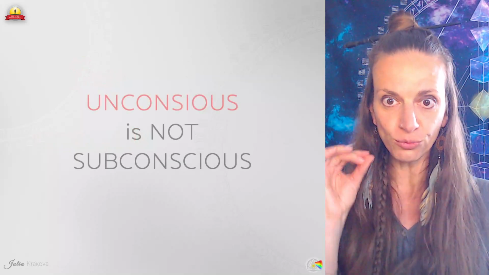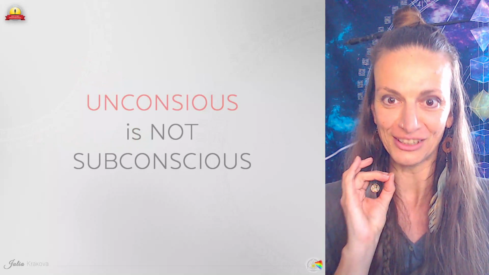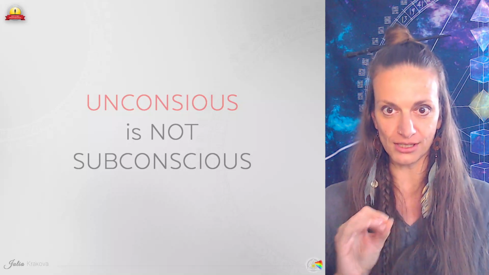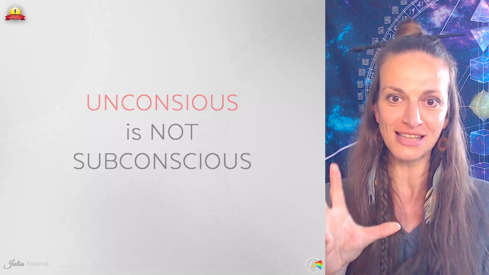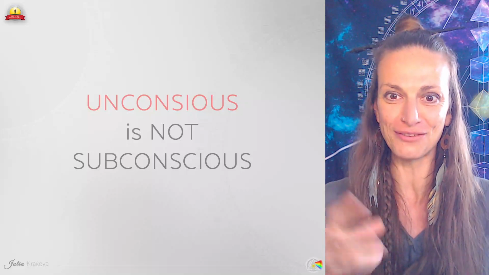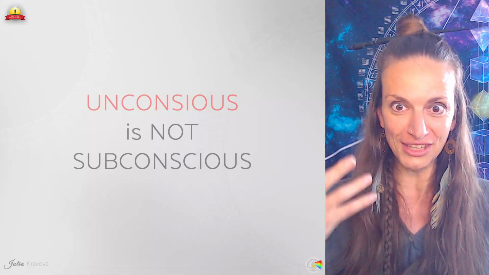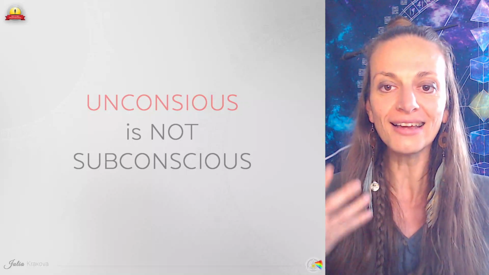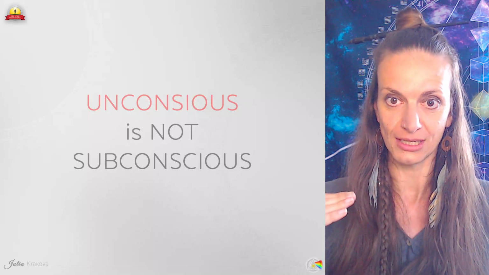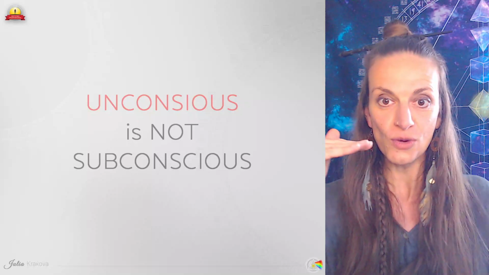And it's very important to keep your vocabulary correct. So unconscious is not subconscious, and I literally put it on a separate slide so you see it with your eyes, especially if you have a lot of collective definition, which means you're visual. It's good that you literally see it. Why is that important? Because unconscious still has the consciousness, which is not.